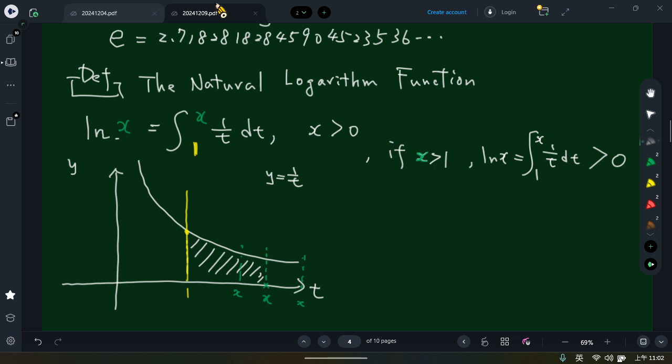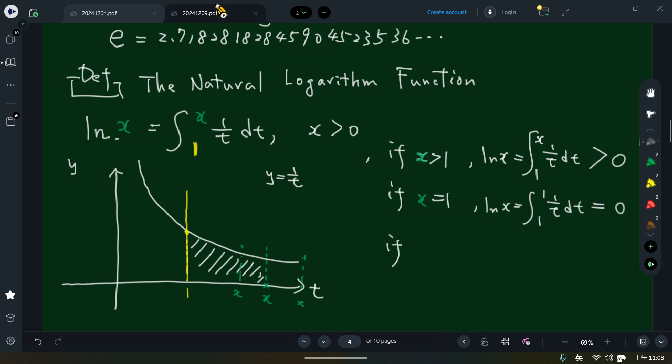Because we are talking about this part, so this part should be positive. ln x should be positive. If x is equal to 1, then ln x is the integral from 1 to 1 of 1 over t dt, so it will be 0.